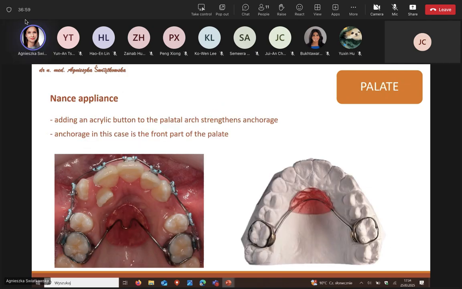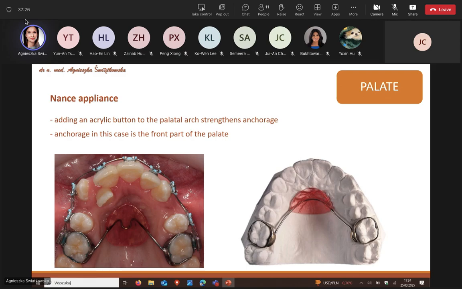Nance appliance. Nance appliance is not implanted. This is a modification of TPA. As you see, we still need two bands connected with the wire, but look, here we have an acrylic button, and this acrylic button is localized in the anterior part of the palate. So this part of the palate, in fact, is anchorage.